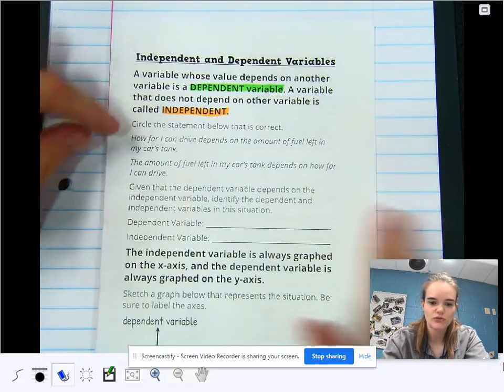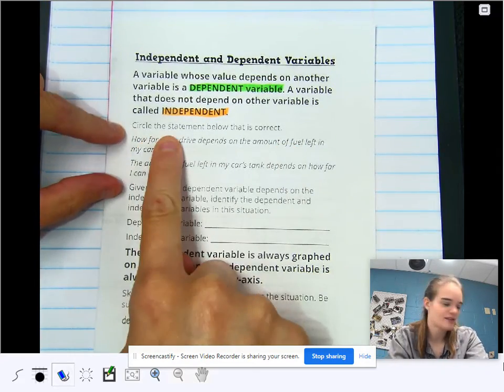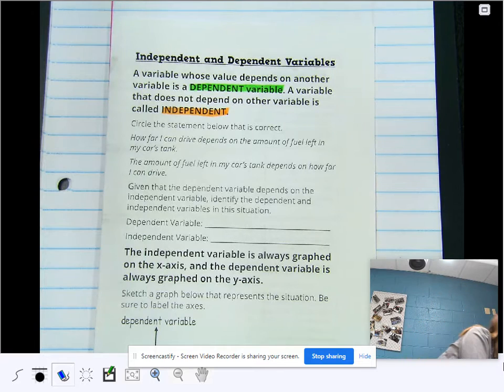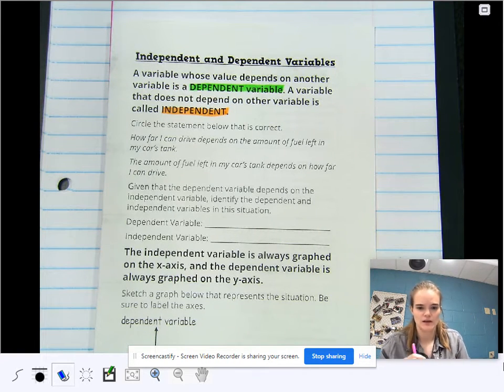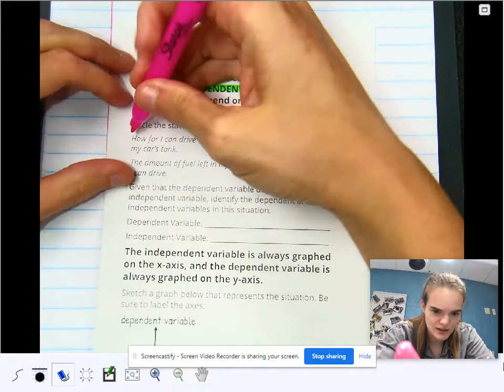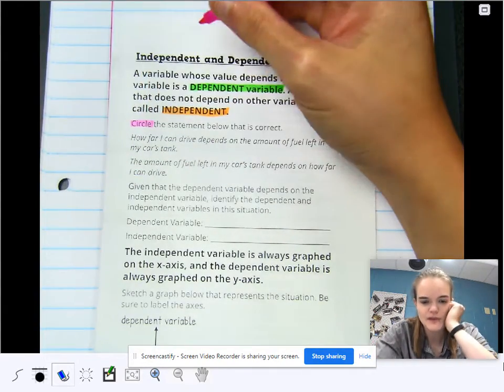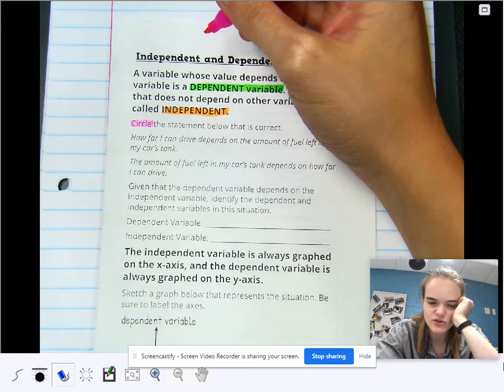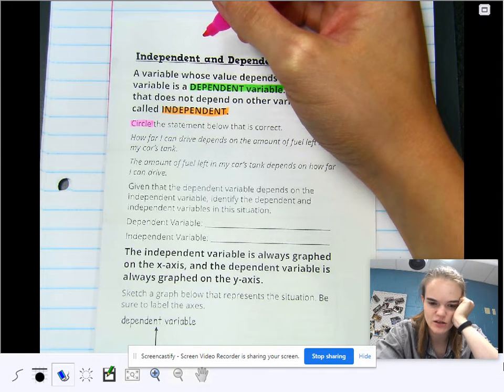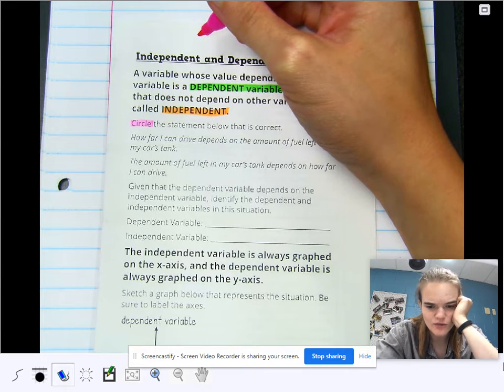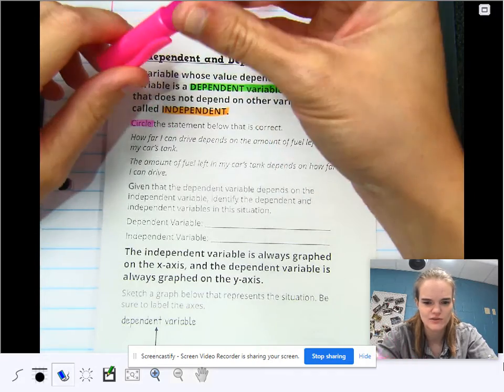All right, we are going to circle the statement below that is correct. It says circle, but I'm actually going to highlight it in a different color. I'm going to highlight it in pink. So instead of circling, I'm going to highlight it. How far I can drive depends on the amount of fuel left in my car's tank, or the amount of fuel left in my car's tank depends on how far I can drive.